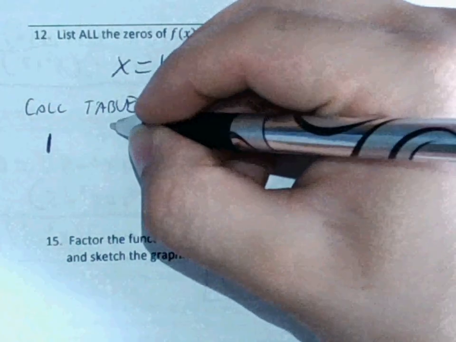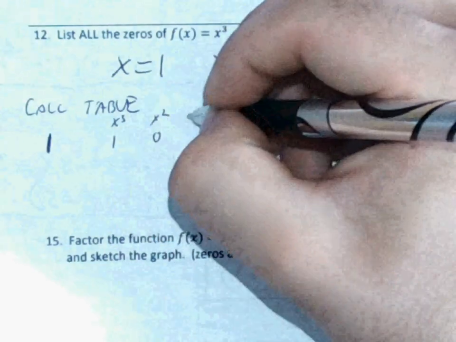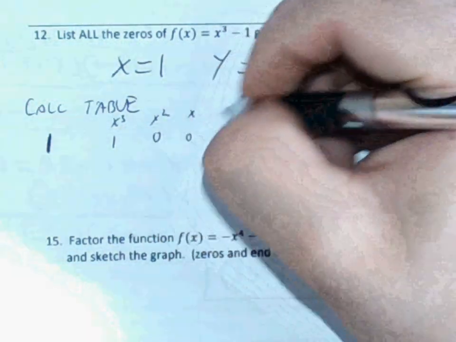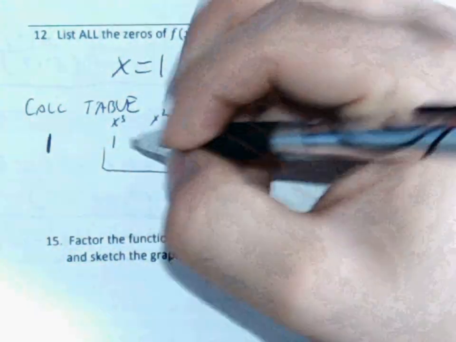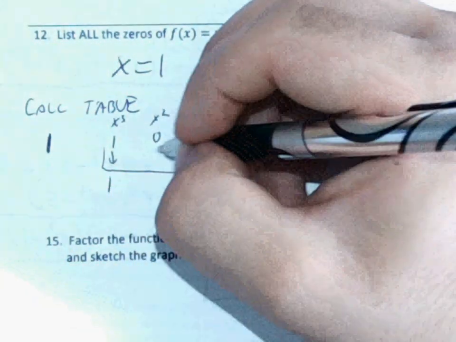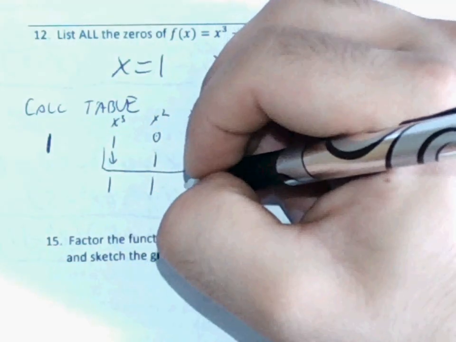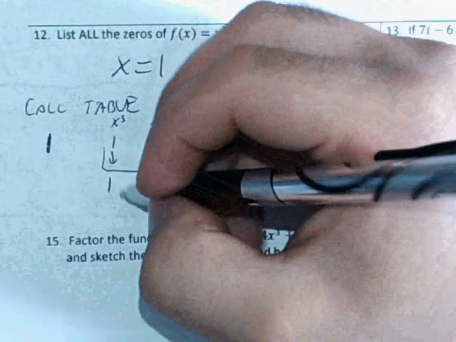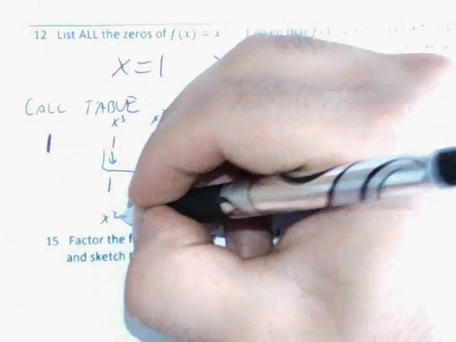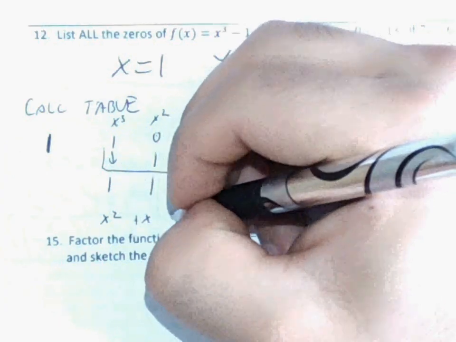Then for our x cubed term, we'd have a 1, x squared 0, x 0, constant negative 1. Using synthetic division, 1 times 1 is 1, 1, 1, 1, 1, 0. This becomes x squared plus x plus 1.